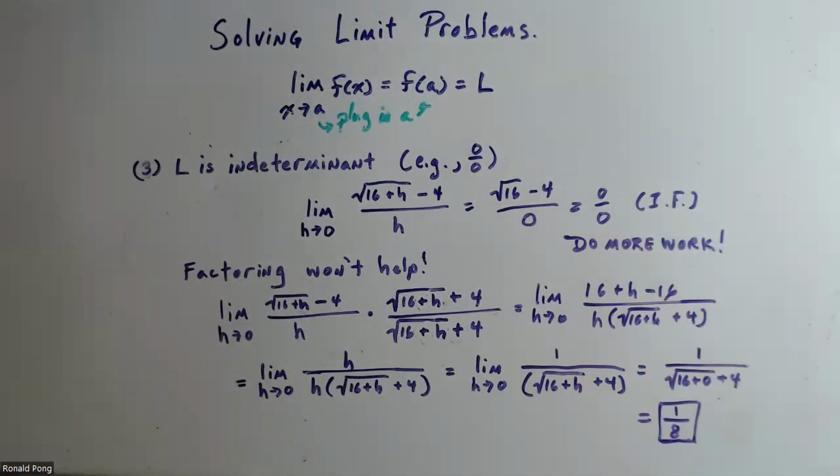Again, here's another problem where if we plug in the value, in this case for h, for this particular function, we end up with 0 over 0, an indeterminate form. Again, this means we have to do more work to actually find the limit. In this instance, factoring will not help us. But as you recall from some of your pre-calculus problems, we could use the conjugate trick.